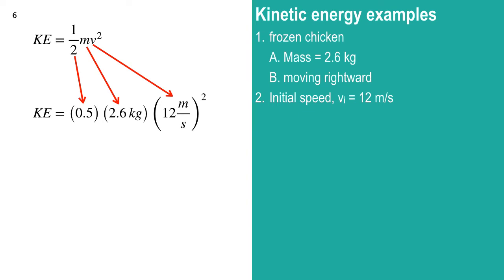And the stuff that we know is 0.5 for the 1/2, 2.6 kilograms for the mass m, and then 12 meters per second, and it's quantity squared. So 12 meters per second inside the parentheses, and then square the parentheses.